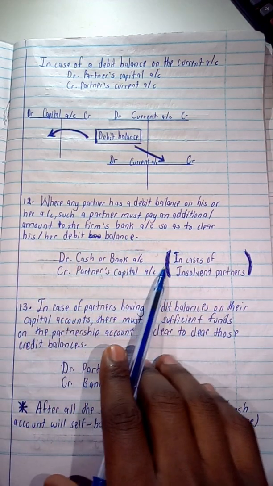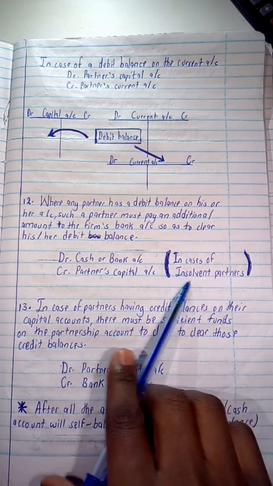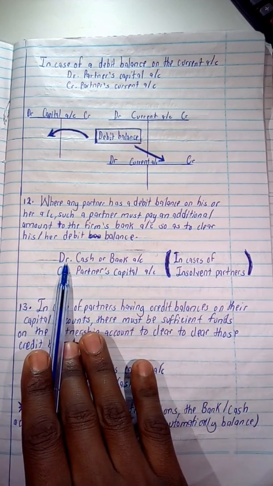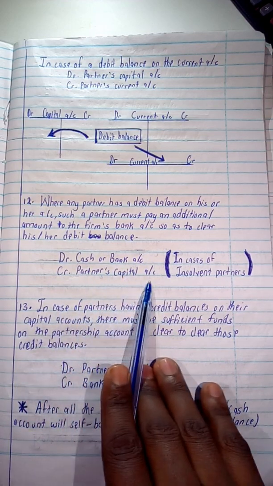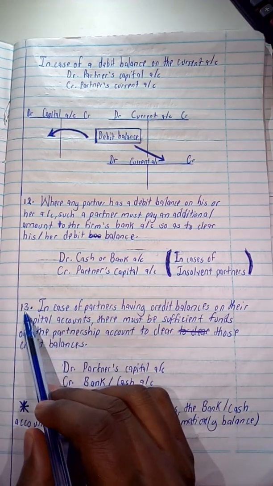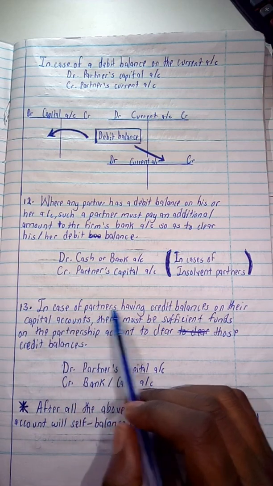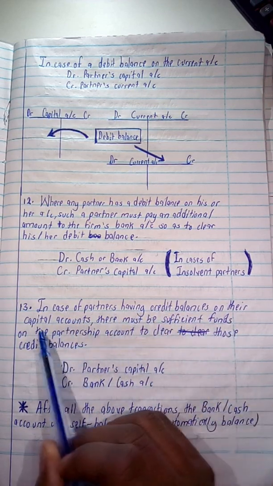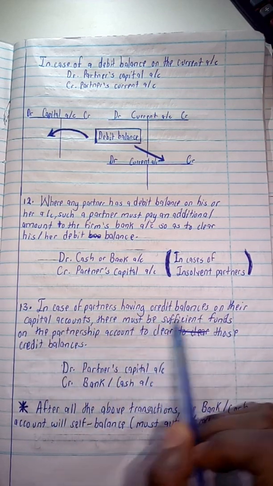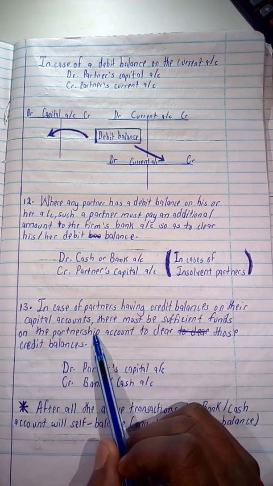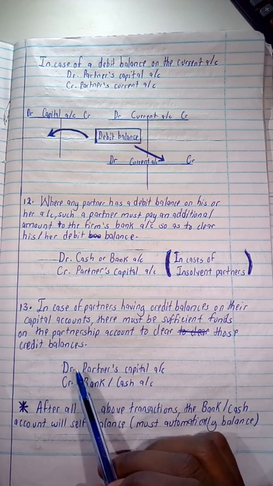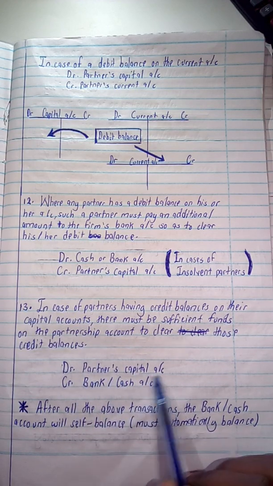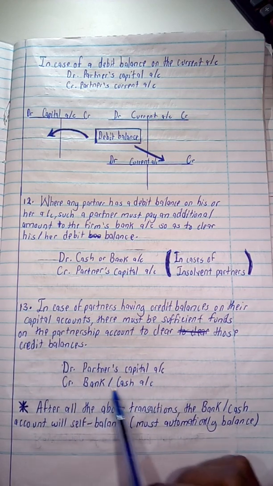This can be seen in case of insolvent partners, whereby you debit the cash or bank account and then you credit the partner's capital account. Accounting entry number 13, in case of partners having credit balances on their capital accounts, there must be sufficient funds in the partnership to clear those credit balances. So here I'm going to debit the partner's capital account and credit the bank or cash account.